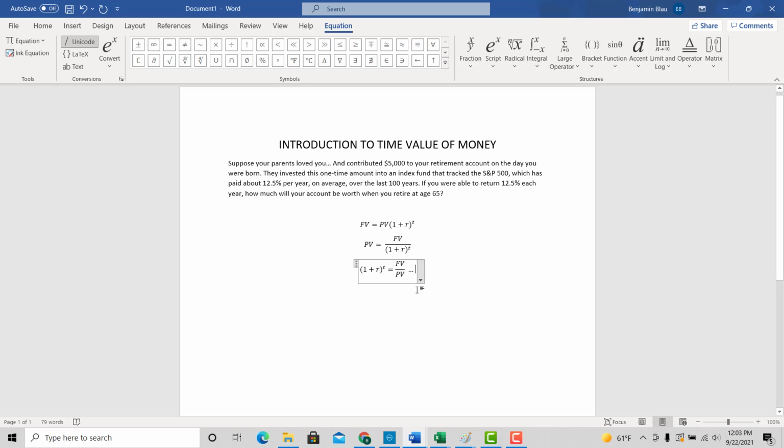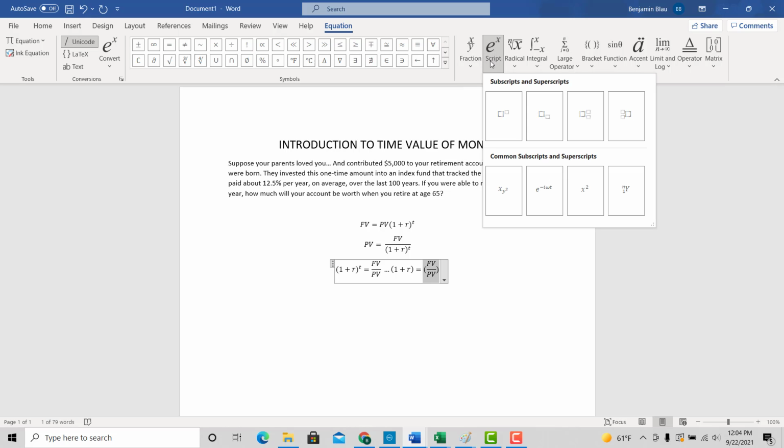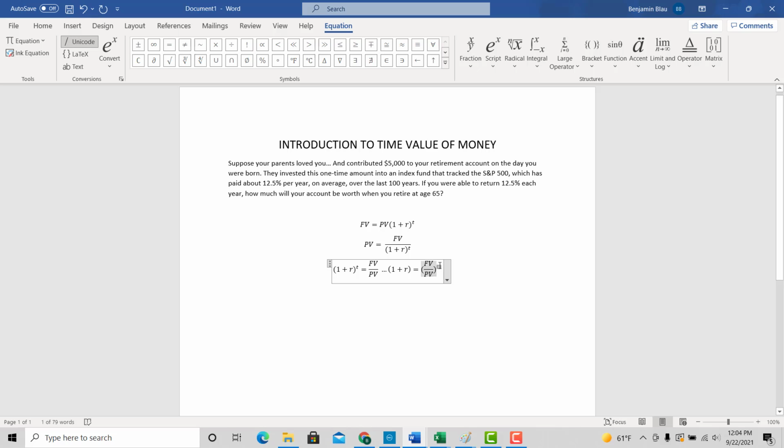So now I have 1 plus R is equal to future value over present value, and I've got to raise this whole part of the equation to the power of 1 over t.